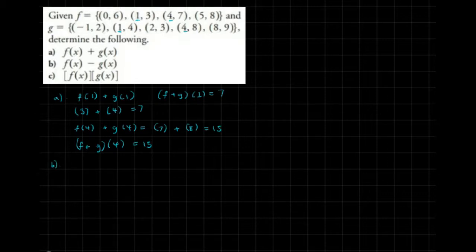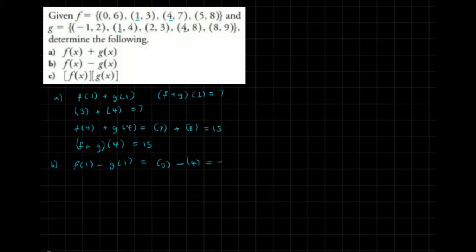So it's the same rule for subtraction, multiplication, and division, right? For subtraction, f of x minus g of x, you use the same rule: you have to keep the x's constant. So in this case, I can only subtract f of 1 minus g of 1. f of 1 here was 3, g of 1 here was, excuse me, 4.